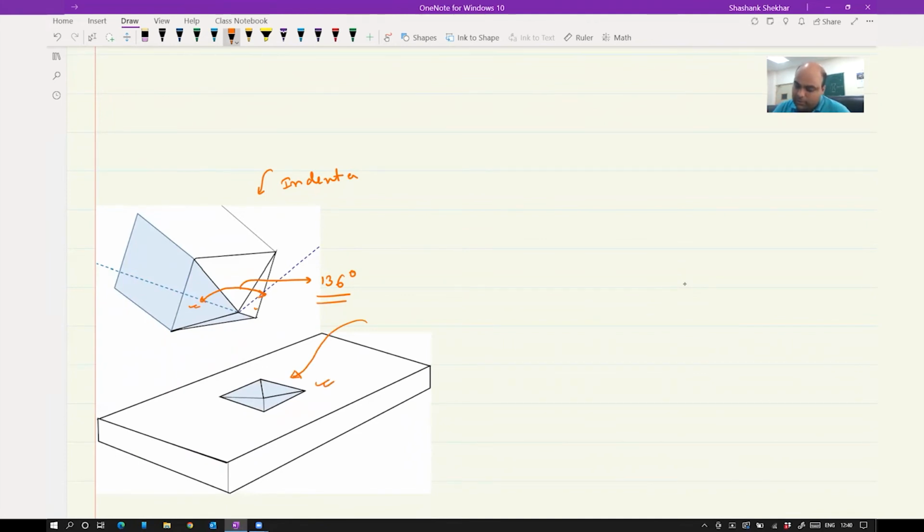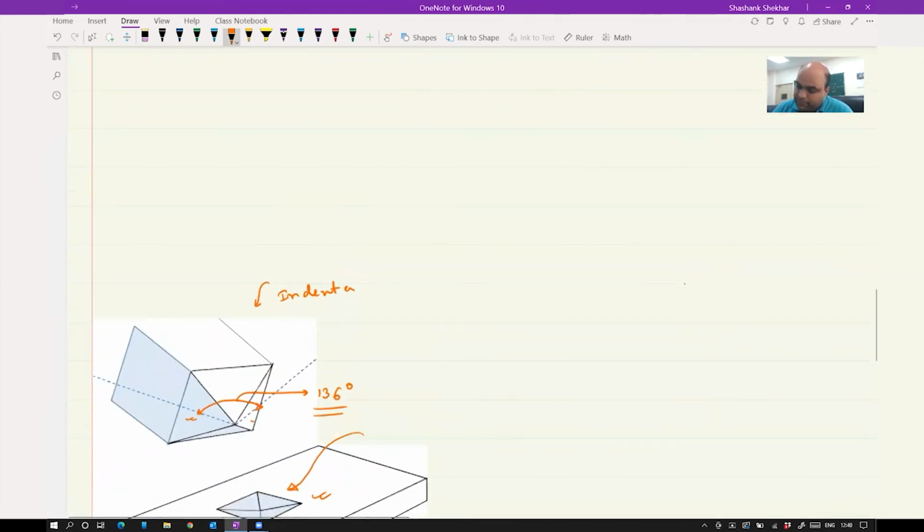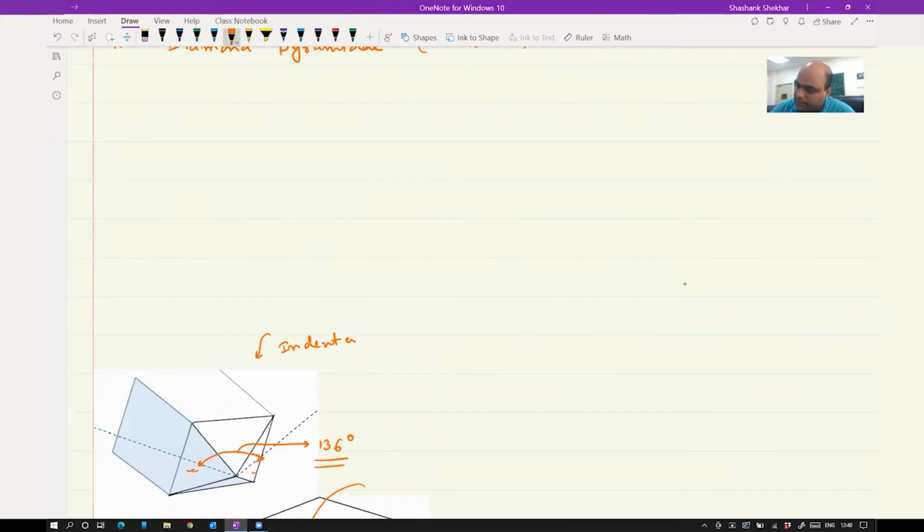At the bottom, suppose you have a material and you are indenting it using your diamond pyramidal indenter, and if you see the cross section now, it is going to be something like this.